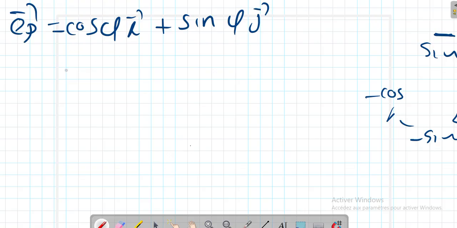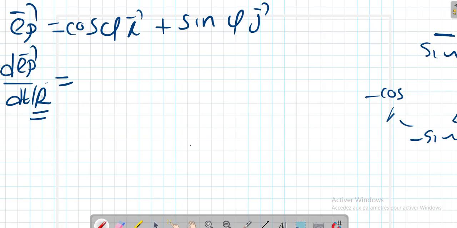At least I'm glad you are seeing it. This is an examinable question. So the derivative of E rho with respect to time in R is going to be, so you know that E and G are going to be fixed in R, which is why R is here. So you're just going to partially apply the product rule. So what is the derivative of cos?